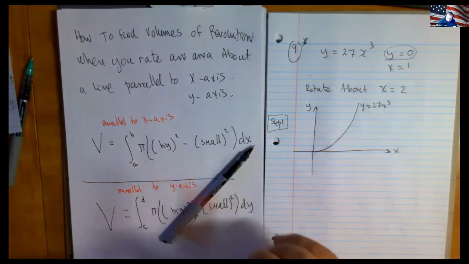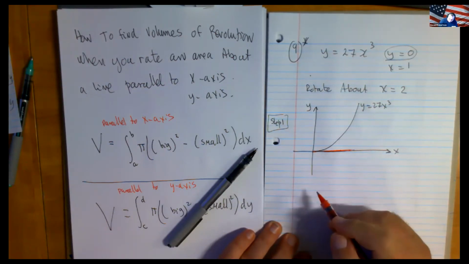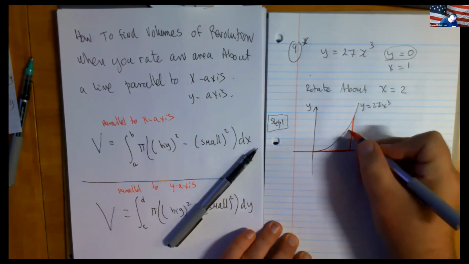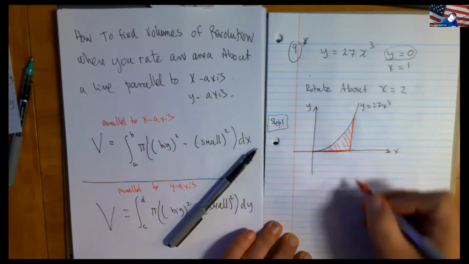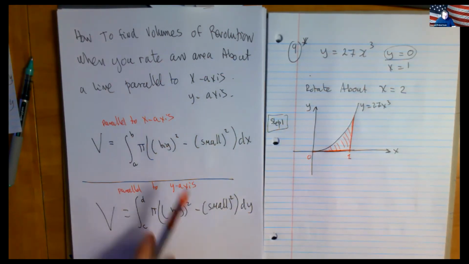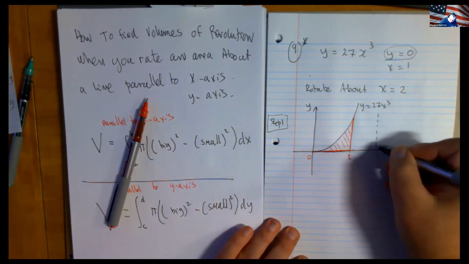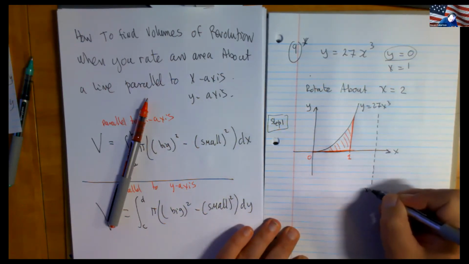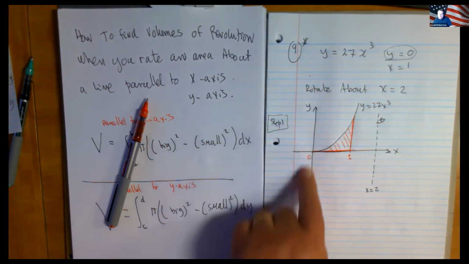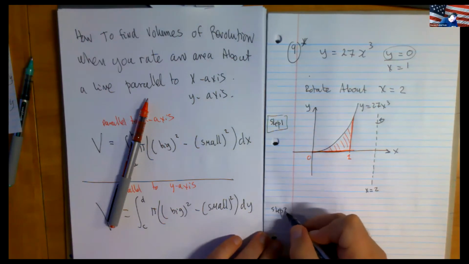So y equals 0 is the x-axis, and x equals 1 is that line, and there is the region that we are going to rotate, and we're going to rotate it about another one. So I'll try and get this one right. Agreed, parallel to the y-axis. So we're now into step 2, which is set up the integral.